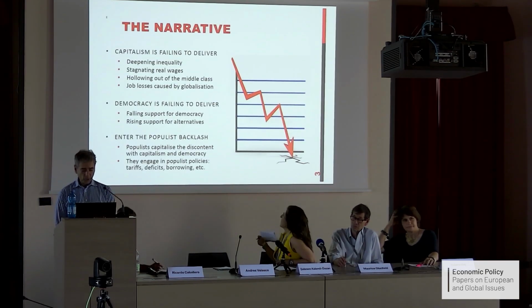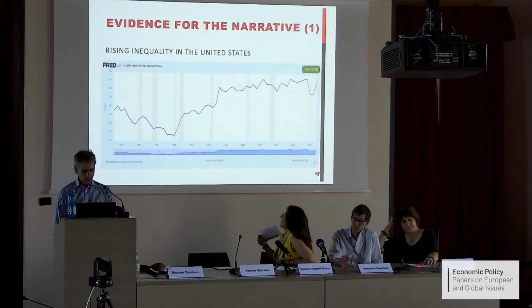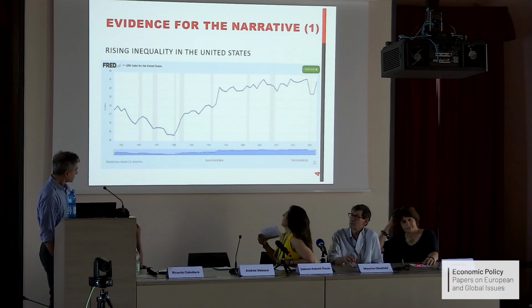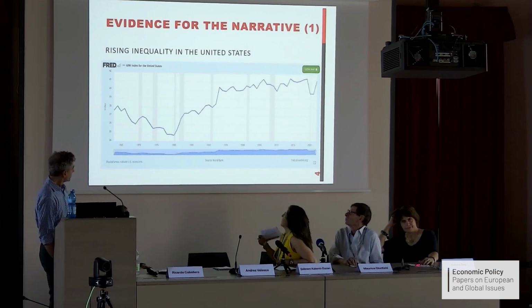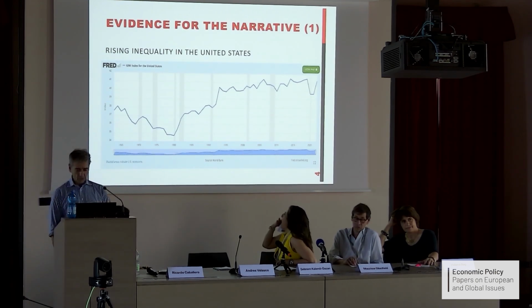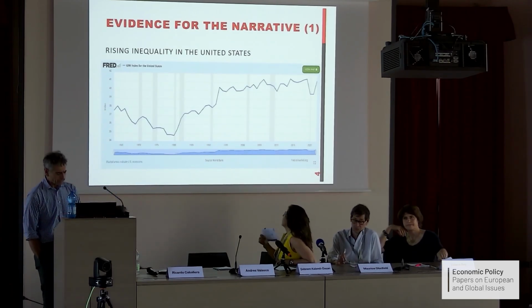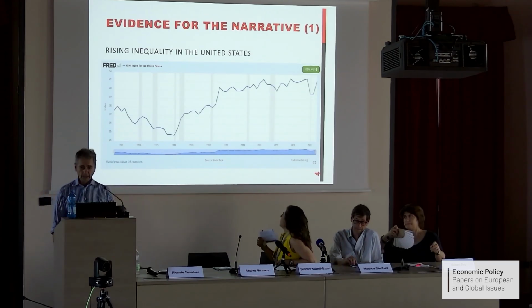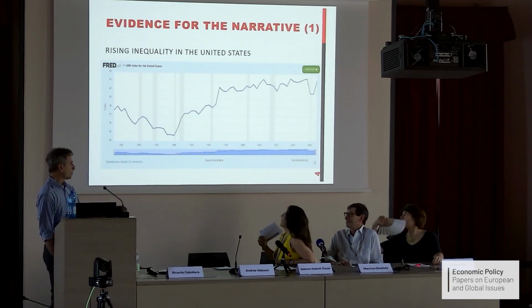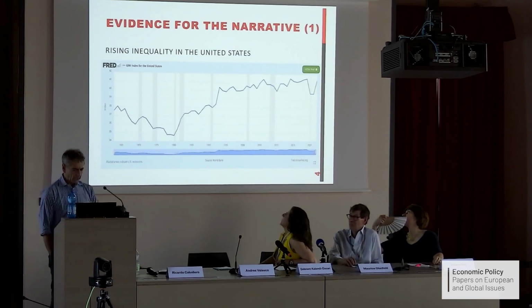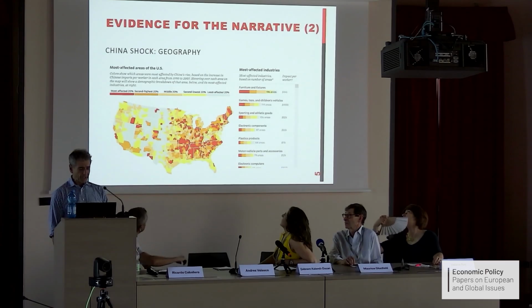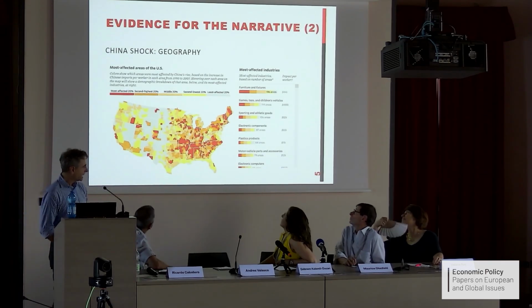And typically for the US, where this case is most often constructed, you get things like that. The Gini coefficient in the US went up in the 90s and then moved around, but arguably kept rising. Parenthetically, it's not clear why something that happened 3 decades ago has an impact on politics today, but that's a different question. But this is the kind of picture people show you. People also show you this picture, from the famous Autor et al.